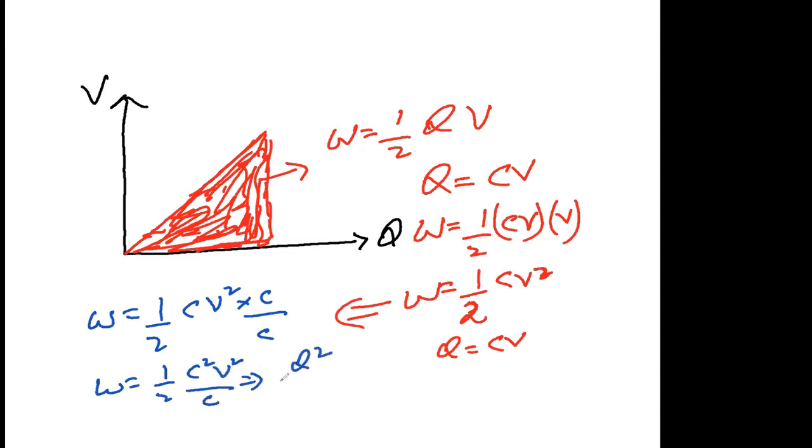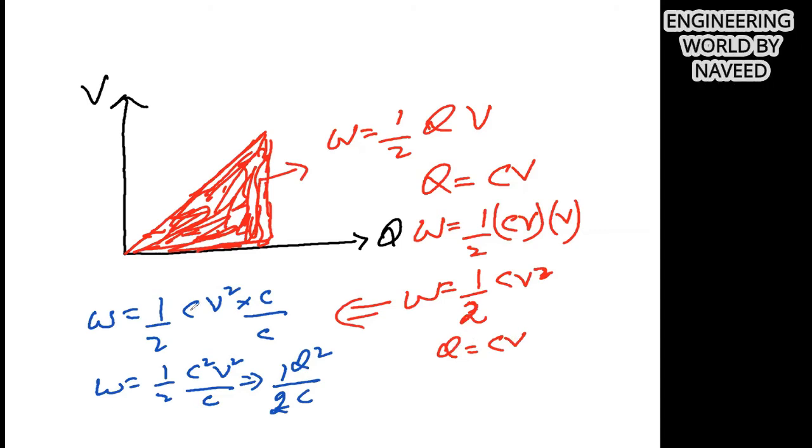Actually, here I have V square, and I need Q equal to CV. So it will be either CV times V or C square V square, so here I need another C. So I multiply another C. But the condition is that if you multiply anything on one side, you should multiply the same on the other side as well.